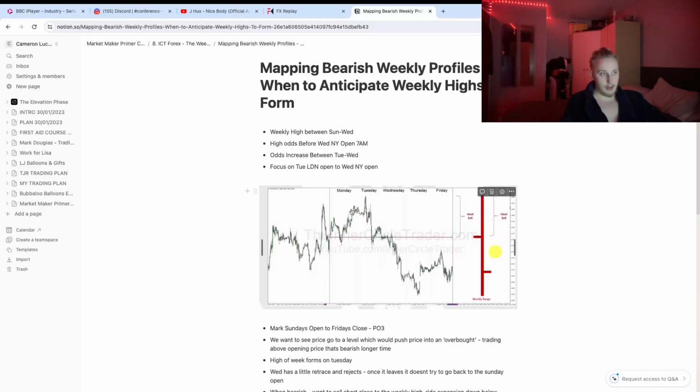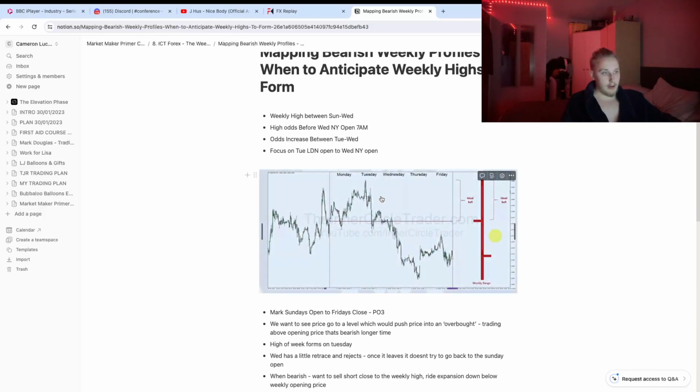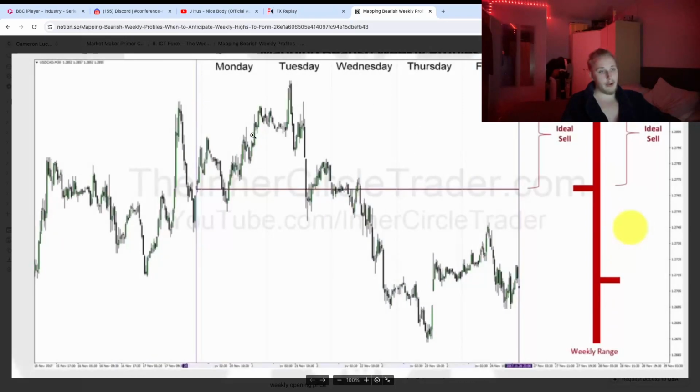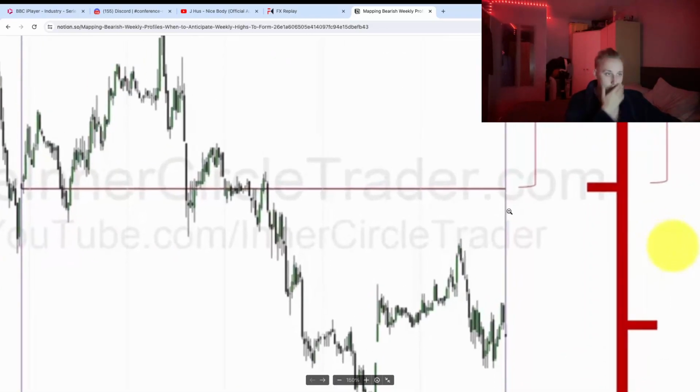Obviously, this doesn't apply in this one. However, this is the whole point of the weekly bias. Is if you've got the weekly bias, you know where to sell and where to take profits. Power of 3. If you're bearish, you want to sell above for the manipulation to ride the expansion down.